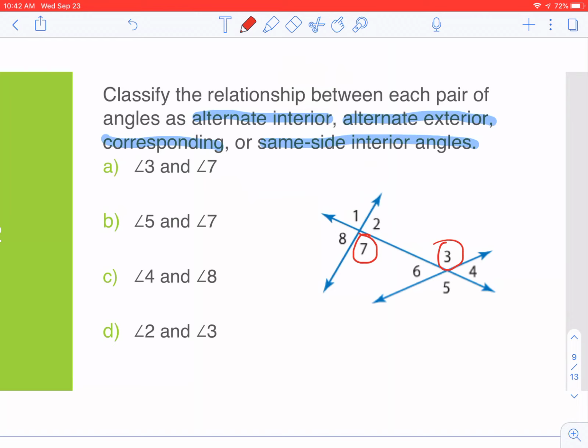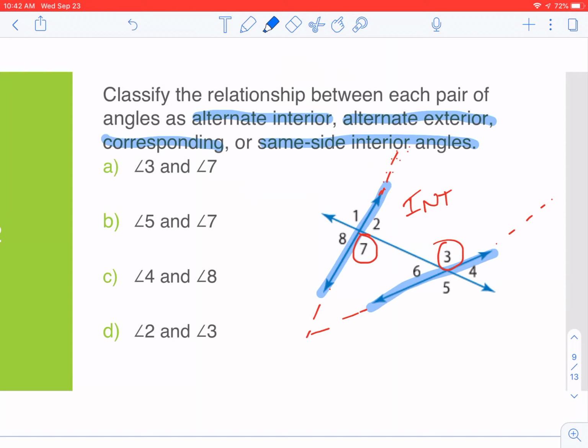Well, first of all, I need to give you another vocab word that's up on the top. If I were to extend these lines forever, okay, we can see that we're going to call this the interior. It's inside the two lines. So here are my two lines that I highlighted. Anything inside of those, between those, is called the interior.